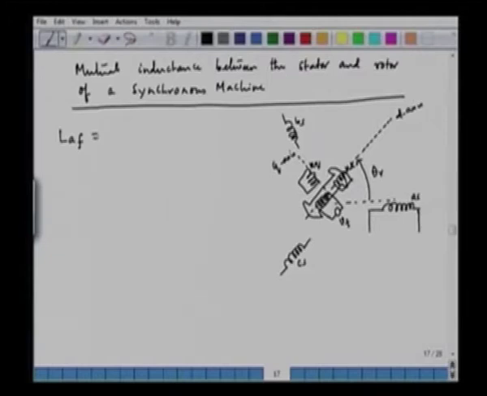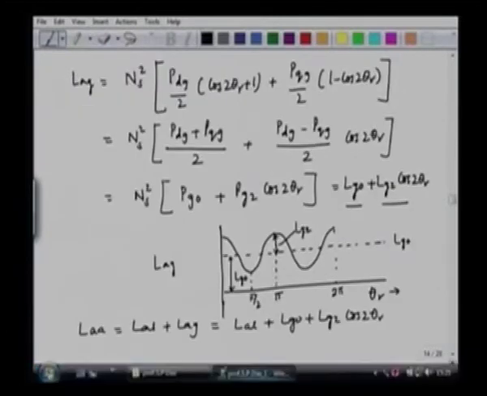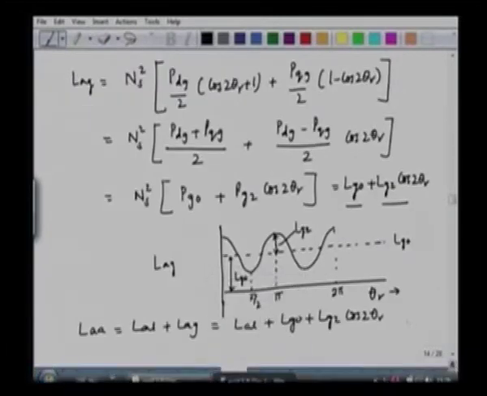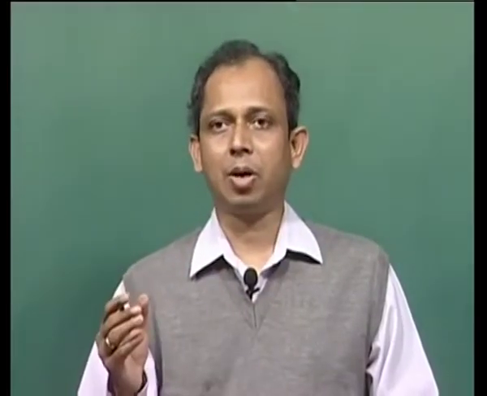LAF is given as Lg0 plus Lg2. Now this is the inductance in the D axis. We have already seen this, that if you see this expression, we have a maximum inductance and we have a minimum inductance. This is the magnetizing inductance of phase A, when it is alternately seeing the D axis and Q axis.